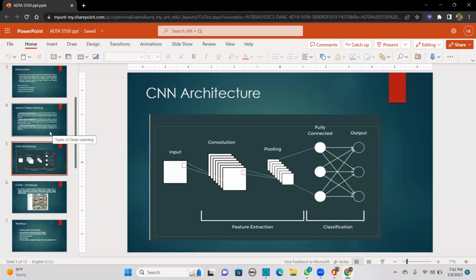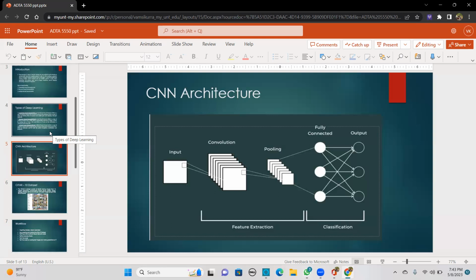Fully connected layer. The next one is the fully connected layer. After the convolutional and pooling layers, a CNN usually has one or more fully connected layers. These layers are similar to those in a traditional neural network and are used to classify the input image into one of several categories.